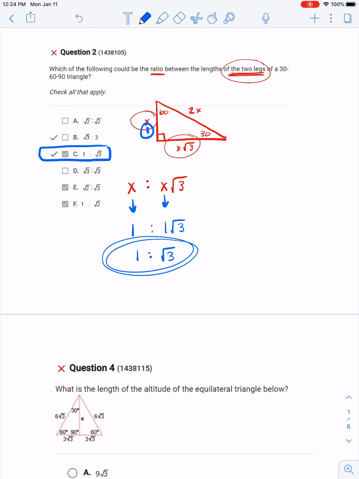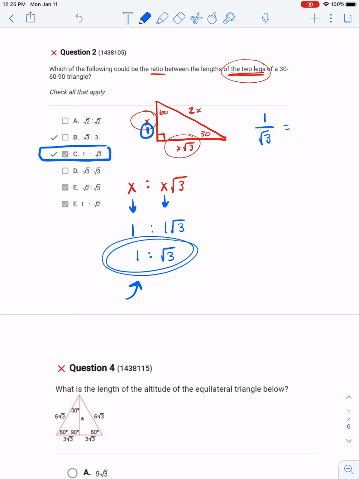Now, all of the other options, there's A through F. So A, B, D, E, and F, all of those options, we have to figure out if they would reduce to be the same thing as this ratio. We know that a ratio means that you divide the two numbers. So I actually want to do 1 divided by the square root of 3 and see what that equals.